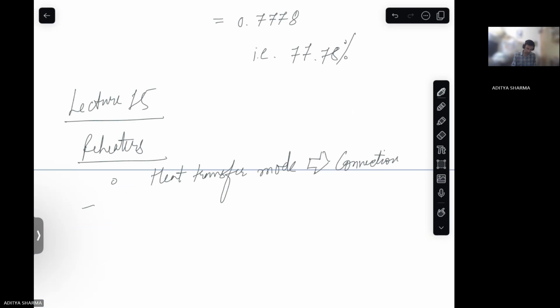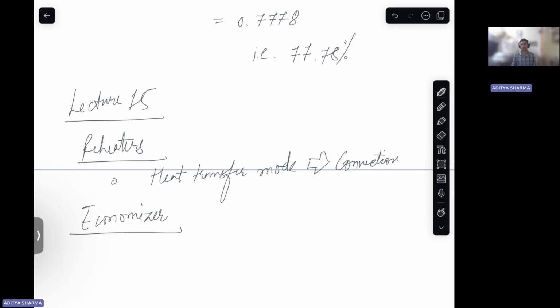Right. Then is your economizer. So the flue gases that exit your superheater or reheater are again circulated through your feed water, right? The remaining heat that it has is given to your feed water, and this feed water then again is given to your steam drum, right?